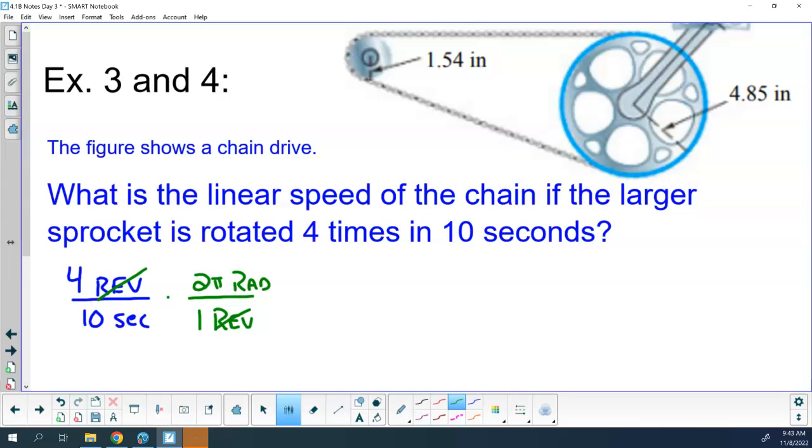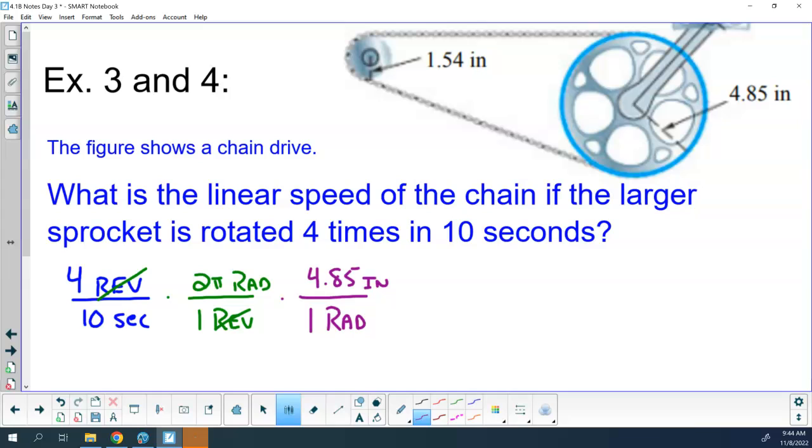Okay. And 1 radian is 4.85 inches. Yes? Okay.